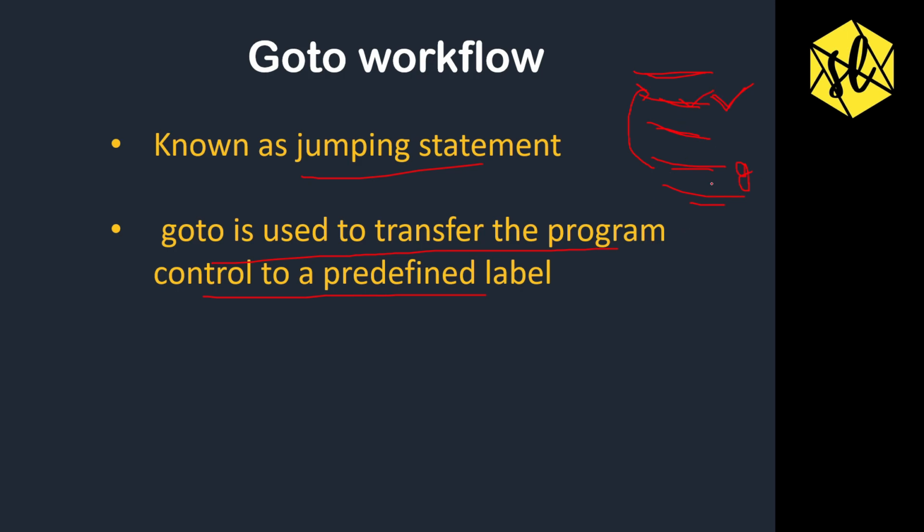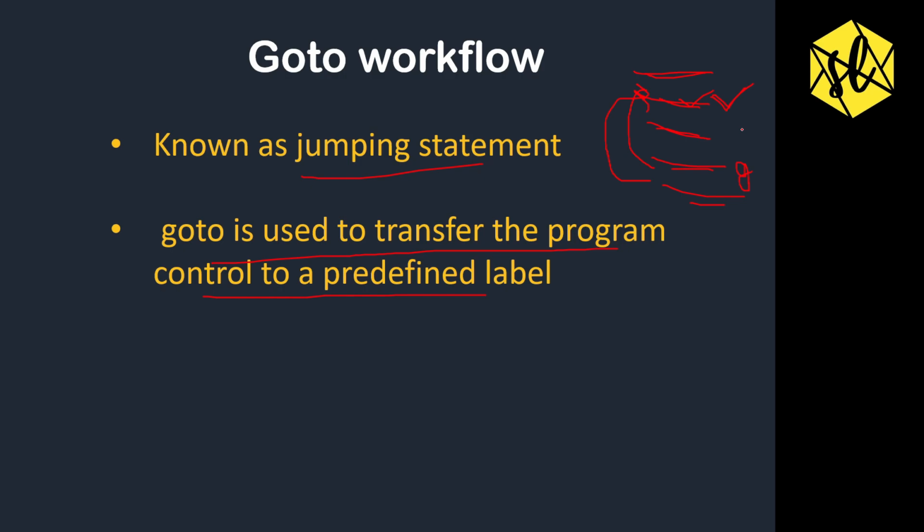And goto is doing exactly what we are asking for. We are asking goto to change the program control from one part of a program to another, that is, from the part where goto is defined to the part where the label is defined, and the goto statement will change the program control to that statement.